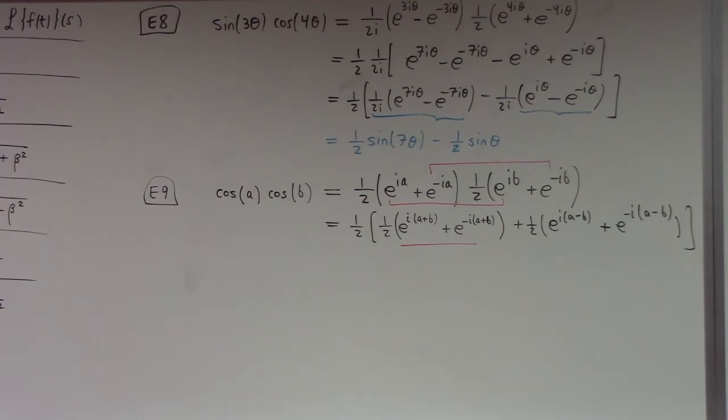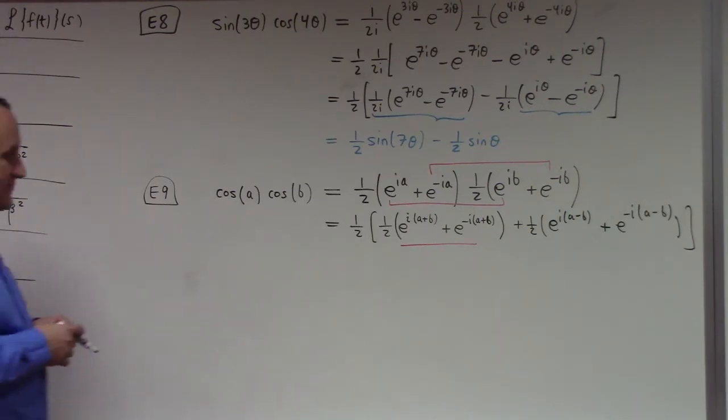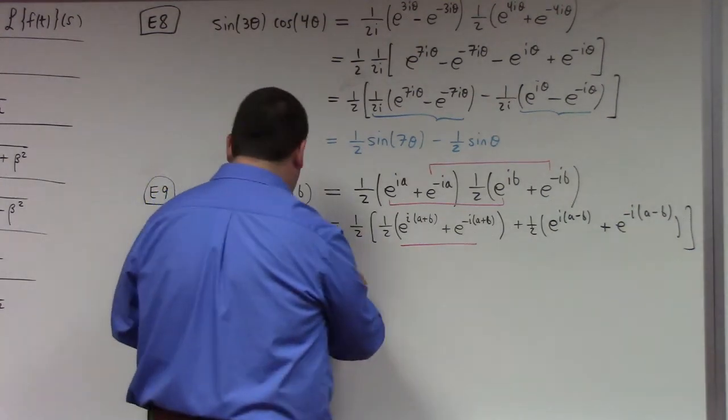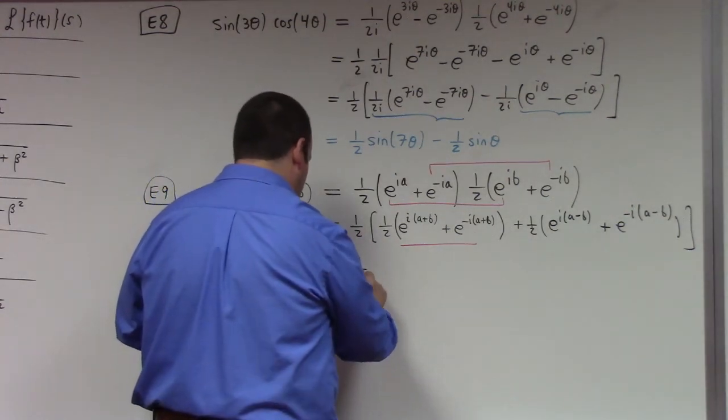In fact, it's less writing, isn't it? Because instead of having 3 theta or 4 theta, I've got an A and a B. What is this? This is 1/2 of what?